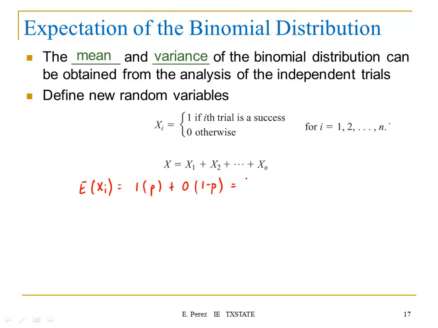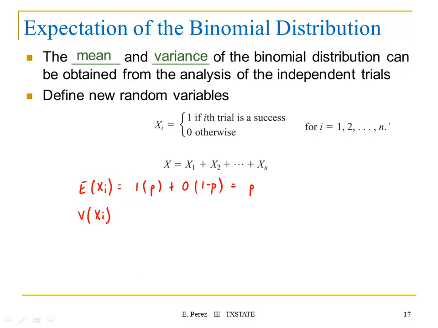So if we solve this, this equals p. So the expectation for a random variable that follows a Bernoulli equals p. And this is just for 1.